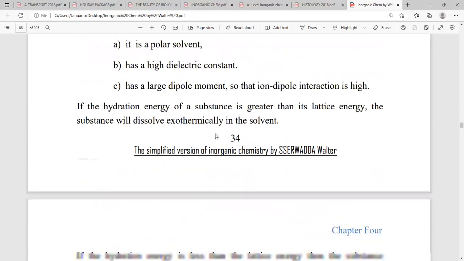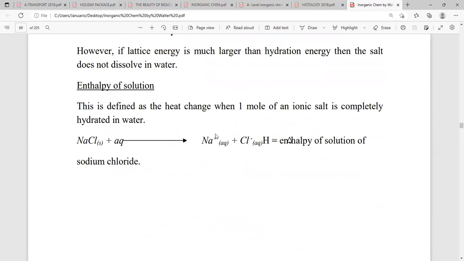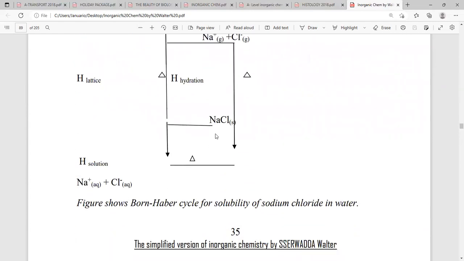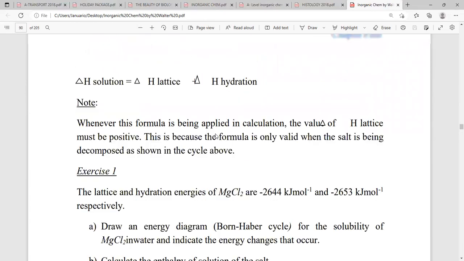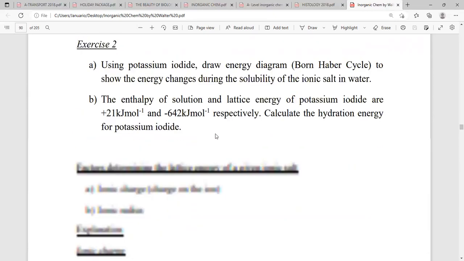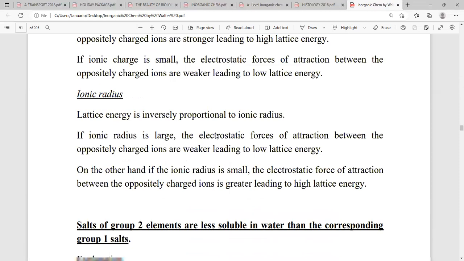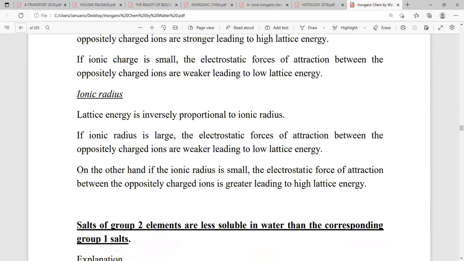You also look at the enthalpy of solution from these two different energy changes, that is the combination of lattice energy and hydration energy, which gives us a Born-Haber cycle. Factors that are affecting lattice energy are ionic radius and ionic charge, we talked about them.